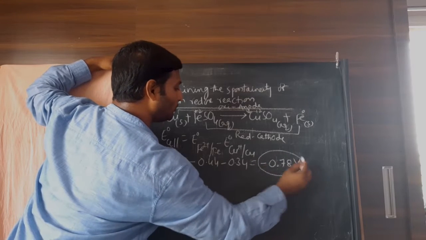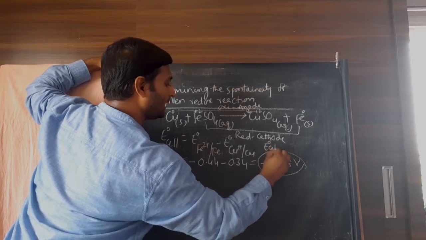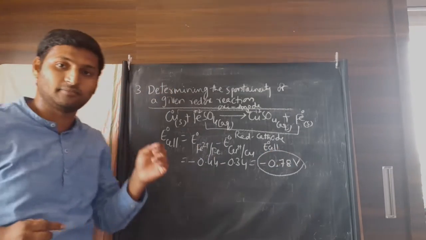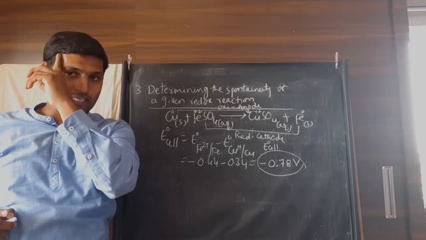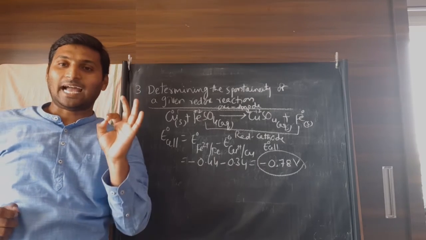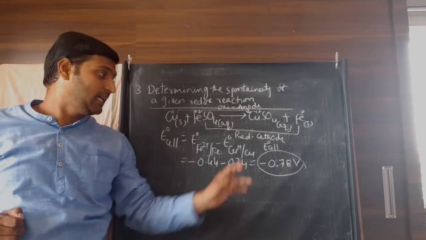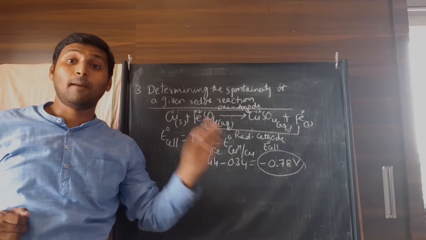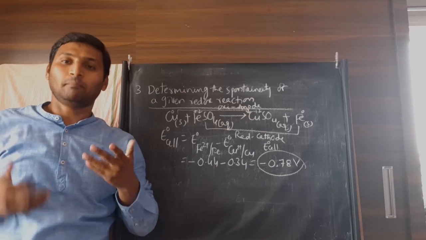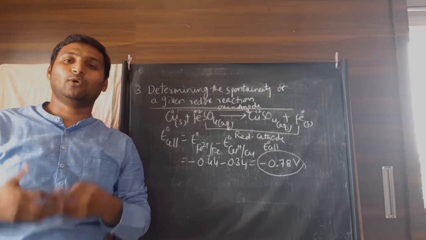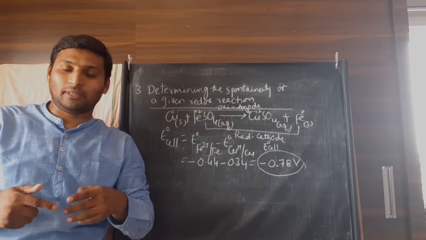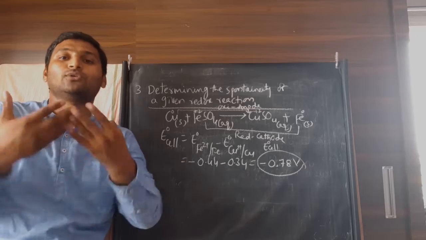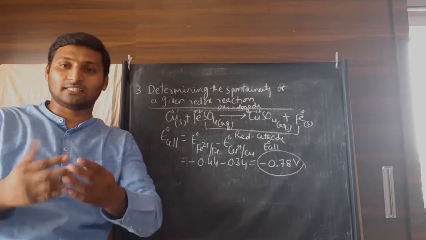Now what do you mean when the E0 cell value is coming negative? For us, already in the last session I have told you, for a reaction to be spontaneous, the E0 value has to be positive. Because when the E0 cell value comes positive, it means that the reaction is producing the voltage. That reaction is giving us the voltage.